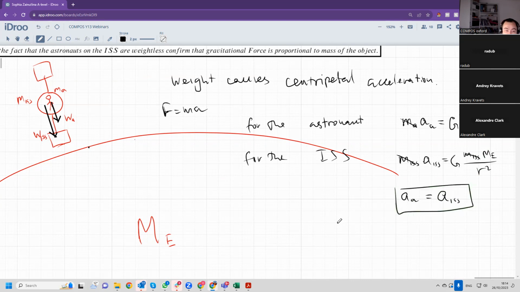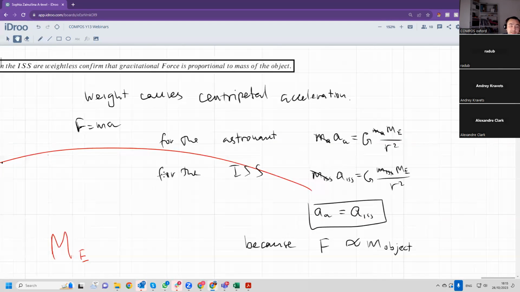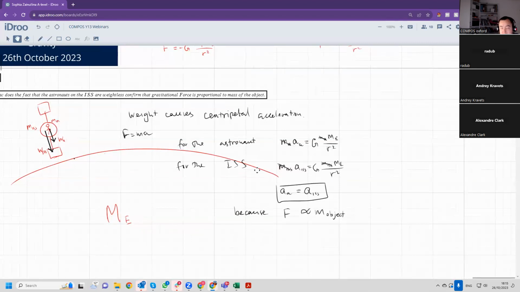And this is because force is proportional to the mass of the object. In other words, the acceleration of both objects is the same because the force is proportional to mass. They have the same acceleration.